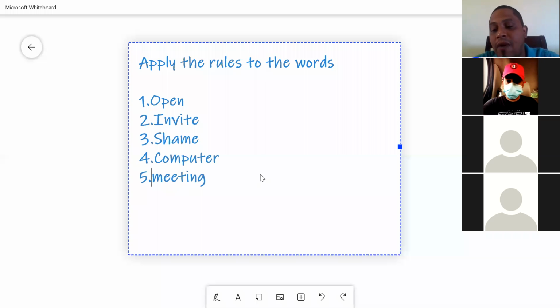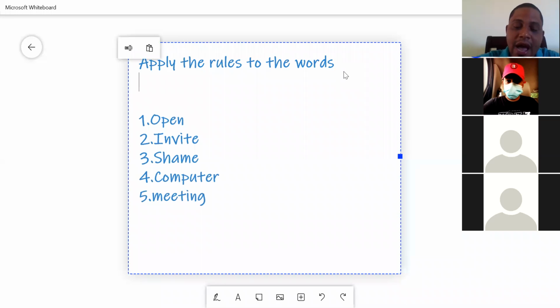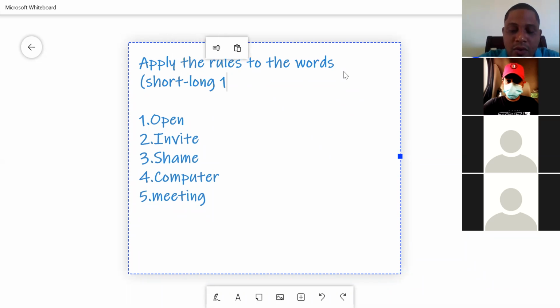Okay, so what we're gonna do now is you're going to take the 5 words and you are going to apply the rules. Then you have to say if the word has the short vowel rule, the long vowel rule 1, or the long vowel rule 2, or if it is a vowel digraph.